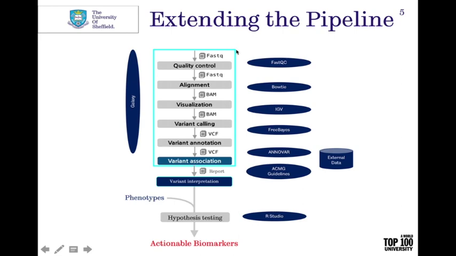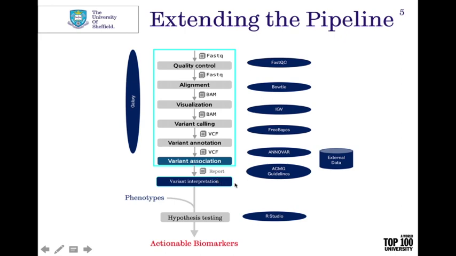The variant analysis pipeline, in more detail, starts from raw sequence data in the format of FASTQs and ultimately generates a list of prioritized variants that can be reported back to the patient.